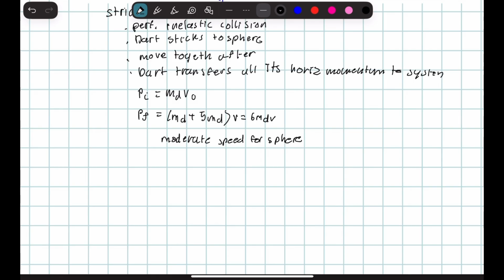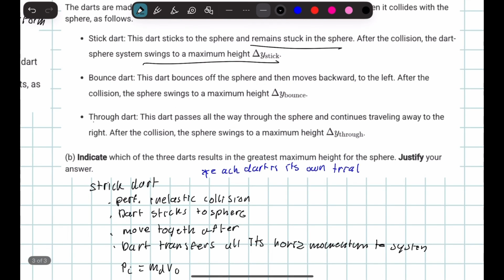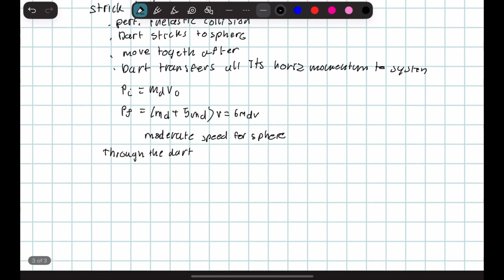So now the through dart. For the through dart analysis, this passes all the way through the sphere and continues traveling. After the collision, it swings to the max height, delta y. So this means that the dart is still moving forward, and some momentum remains with the dart.